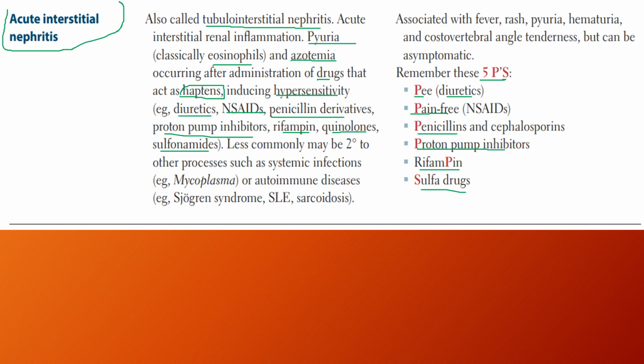Less commonly it may be secondary to other processes such as systemic infections caused by mycoplasma or autoimmune diseases, Sjogren syndrome or SLE, sarcoidosis, associated with fever, rash, pyuria, hematuria, and costovertebral angle tenderness, but can be asymptomatic.